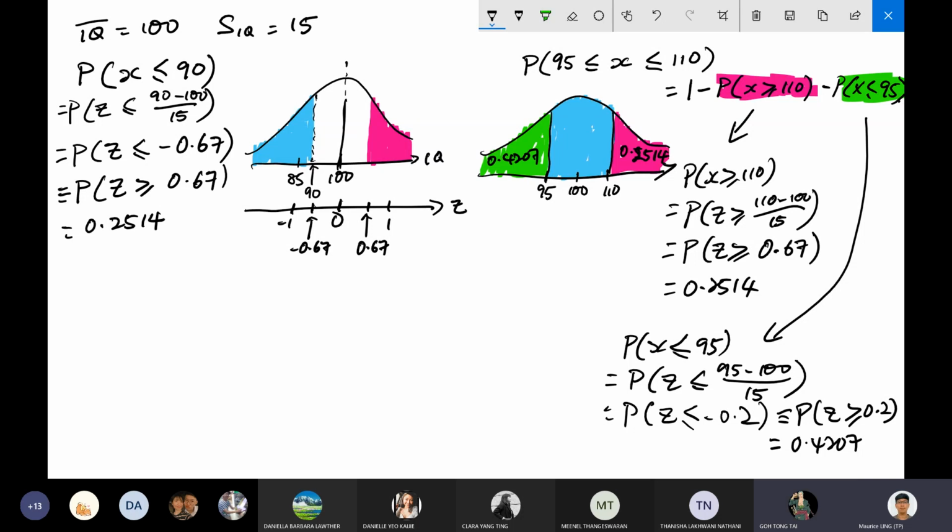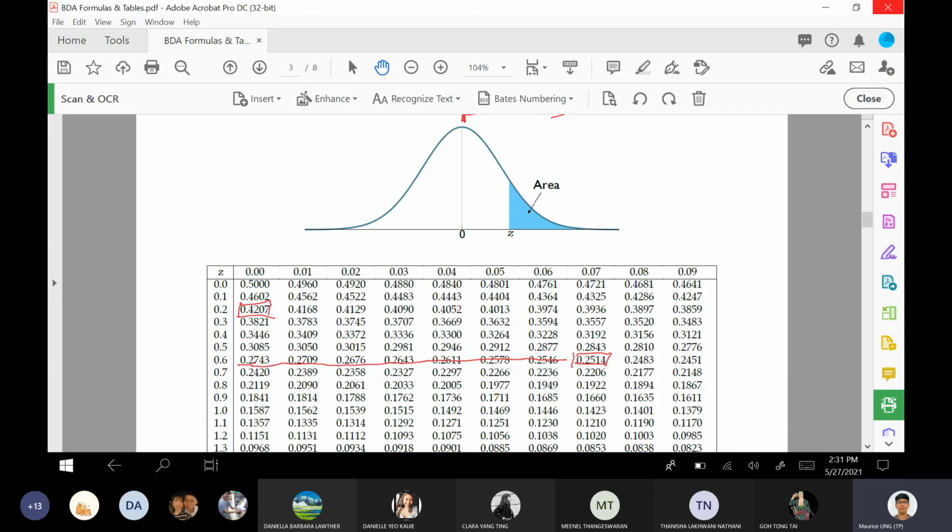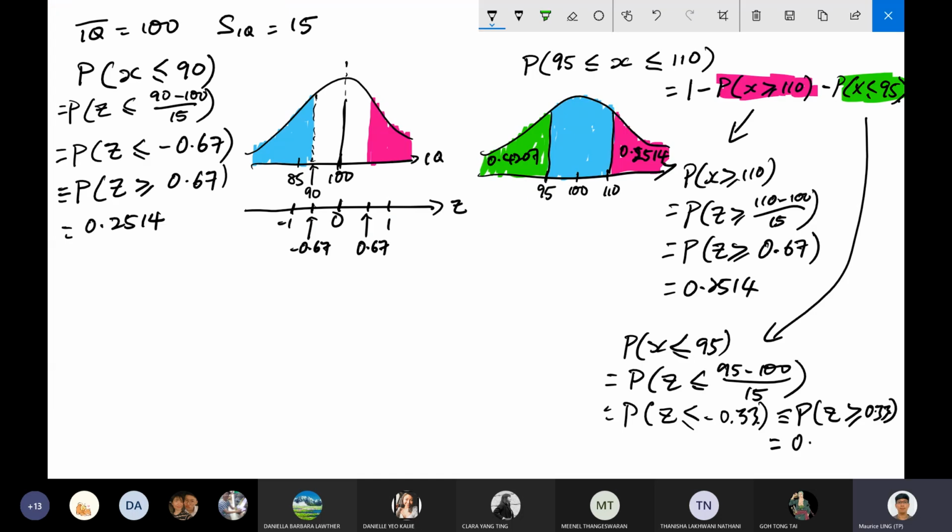Okay, now 5 divided by 15 is what? 0.3333. So let's look at 0.33. 0.30, 31, 32, 33, and we get 0.3707.